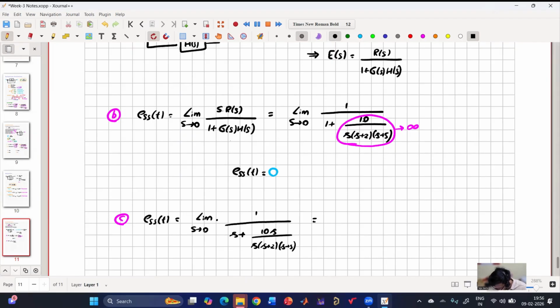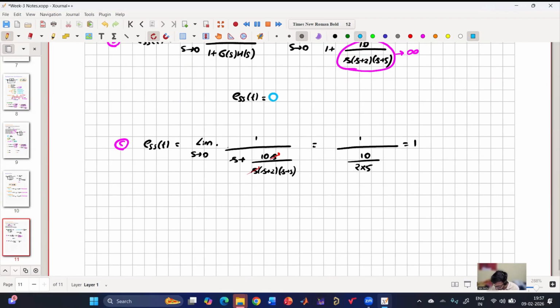If I substitute s equals to 0, first this and this get cancelled. Then I'll have 1 by 10 by 2 into 5, so this is 1. In this case, steady state error is 1. In the previous case, it is 0.